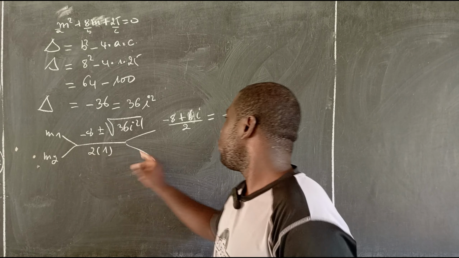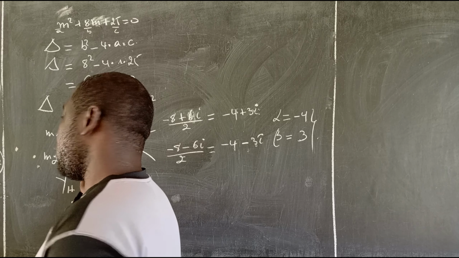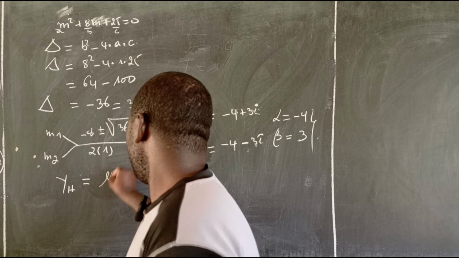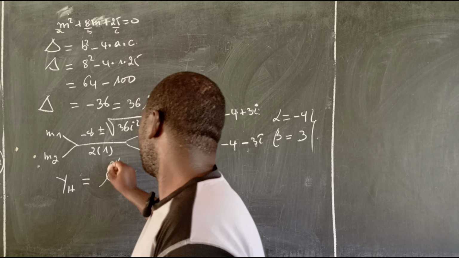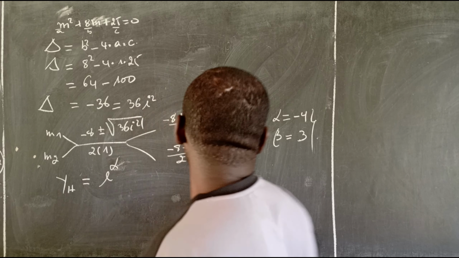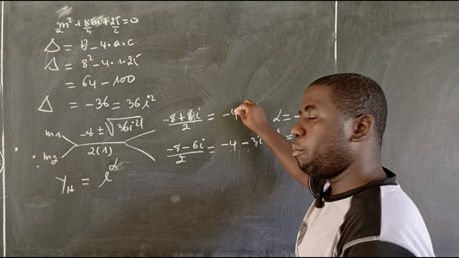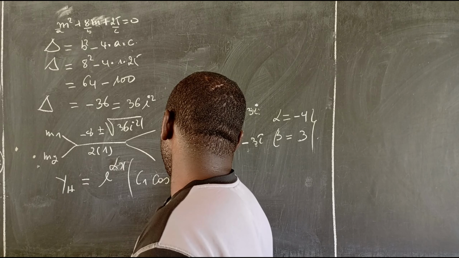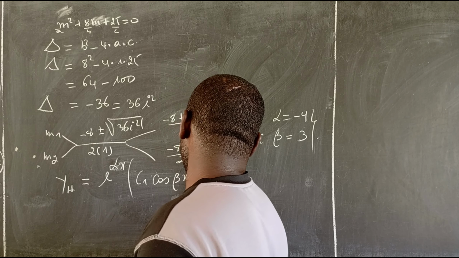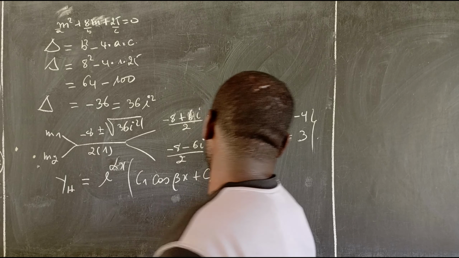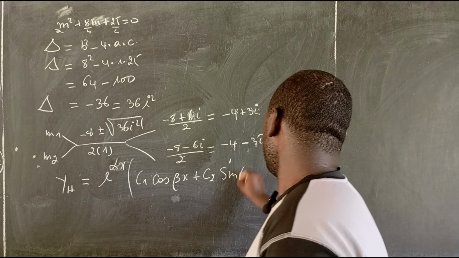Remember, in this case, the homogeneous solution will be equal to e power alpha x times (C1 cosine of beta x plus C2 sine beta x).